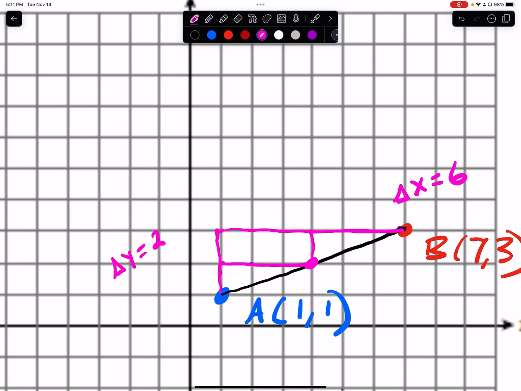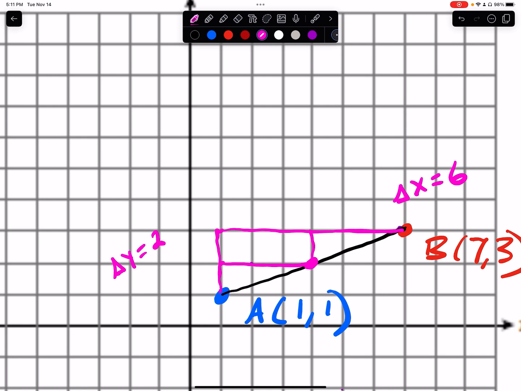So if you look at it graphically, you can find the midpoint by drawing two of the same triangles. Sometimes it doesn't always work out nice and neat like that, but that's going to give us an idea to see if our calculations are correct. So the midpoint here should be the point (4, 2).